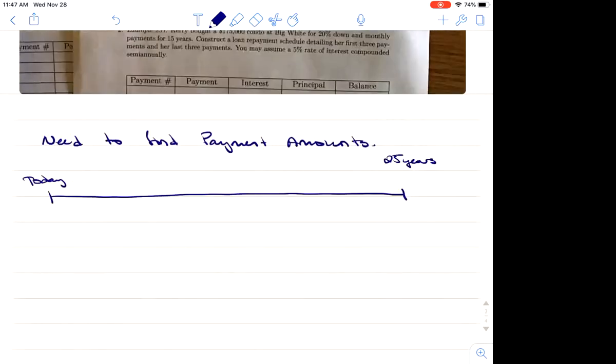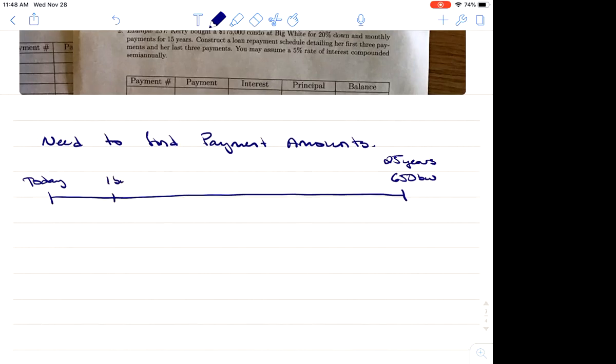So we've got 26 payments for 25 years, 650, I'll just say BW, bi-weeklies. So we've got 1 bi-weekly payment, 2 bi-weekly payments, 649 bi-weekly payments.